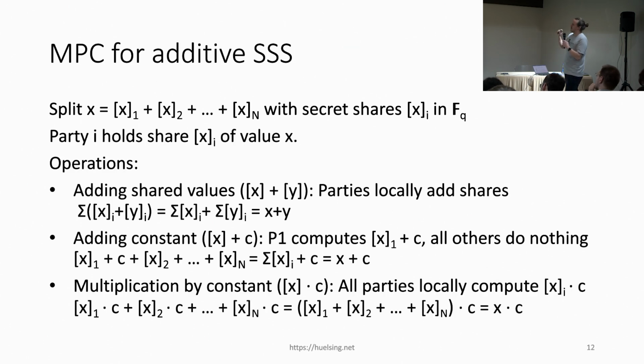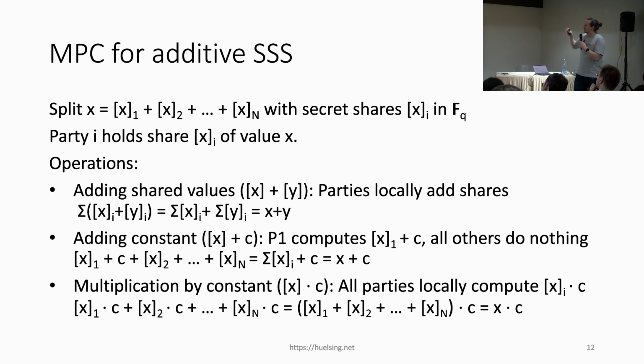So there's nothing you can do to actually learn this value. And you can actually do a lot of operations with this. So when I'm writing this x in brackets, this means this is a value that's secret shared between n parties. And so, for example, I can add two shared values. And I do this by simply the parties locally adding their shares. Right?